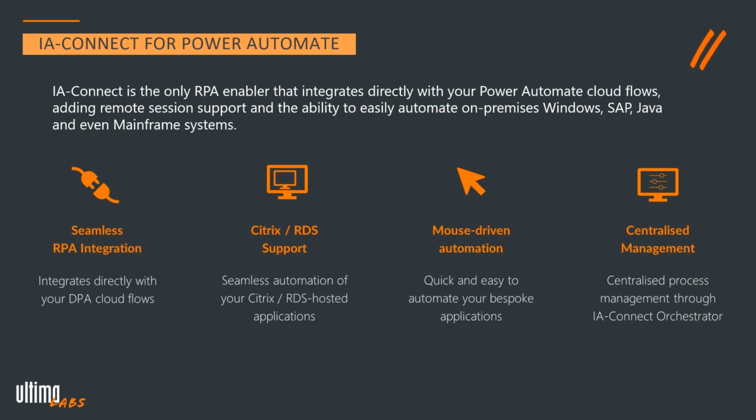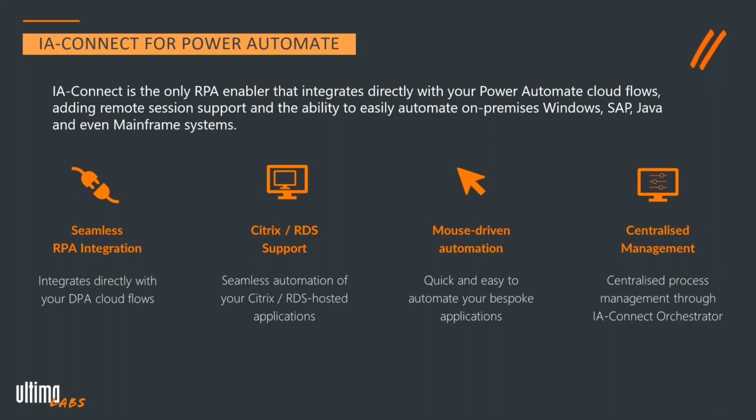So iConnect for Power Automate, it's actually the only enabler that directly plugs into Power Automate and provides you all of this capability. So we were the first to develop a platform that sits on top of Power Automate to provide you all of this capability.